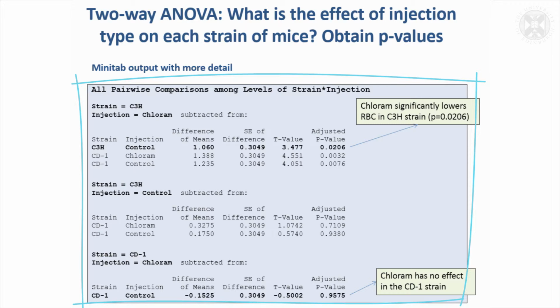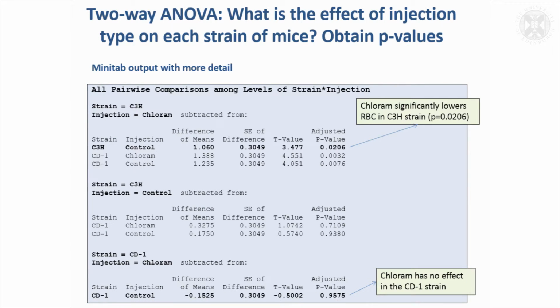You have to sort of read this table quite carefully, work out what it's looking at. It's looking at here the C3H strain on the mice that had the active injection, and then comparing it to the 4 other groups. And the one we're interested in, of course, is the control group for that strain. We don't want to compare it to the groups for the other strain. So I've highlighted that, and that's where we've got the significant effect.